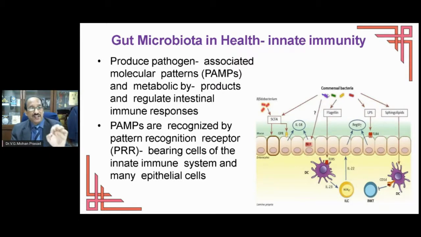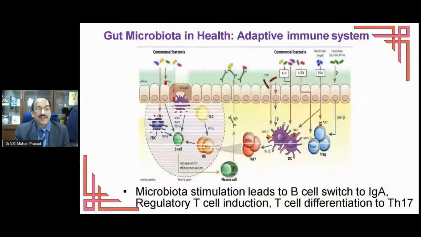They're small sequences which can be taken up and presented to the innate immune system. So the PAMPs are produced by the bacteria, the microbiome. They are recognized by the PRRs on our epithelial cells.